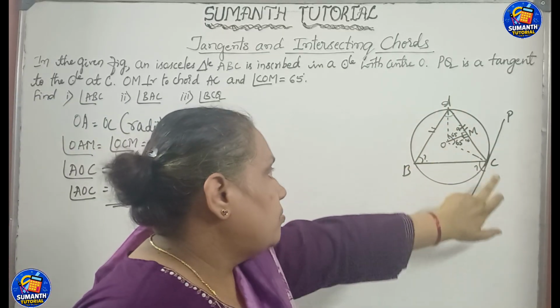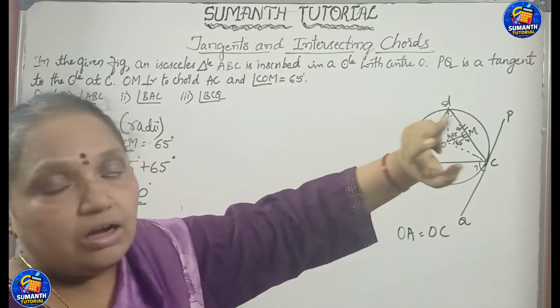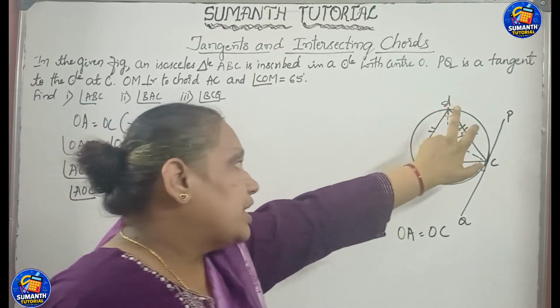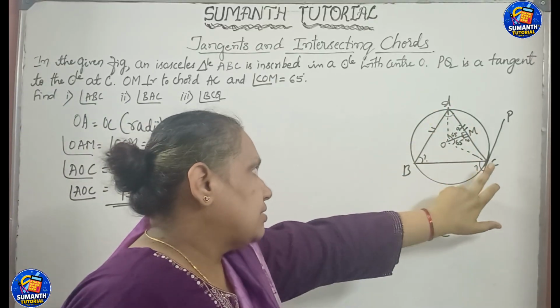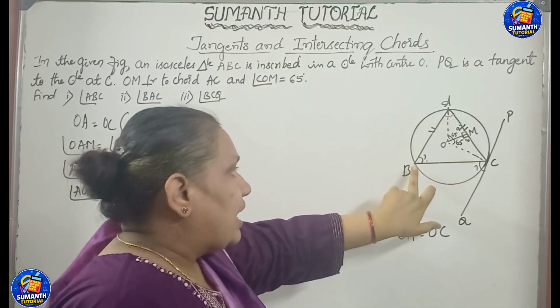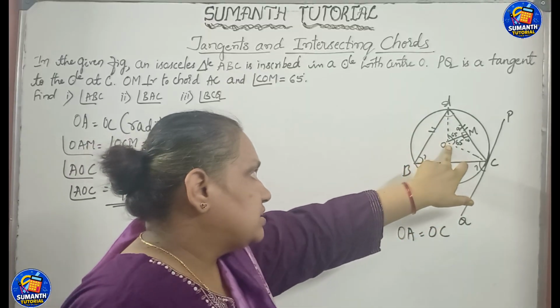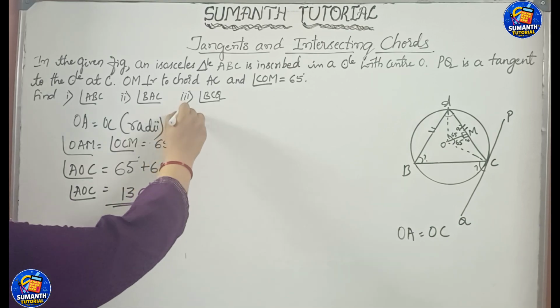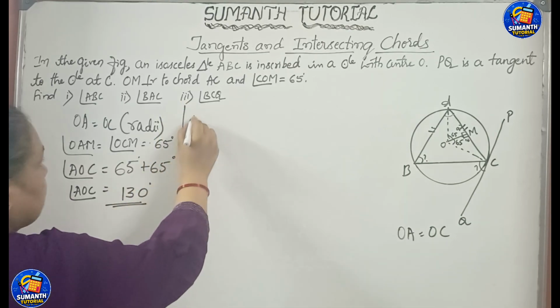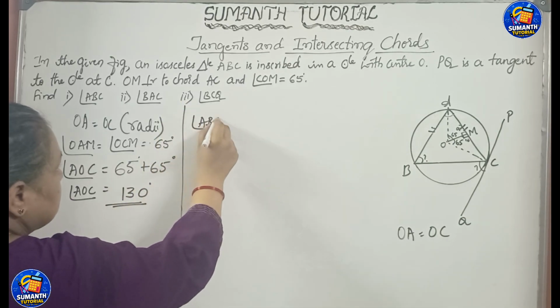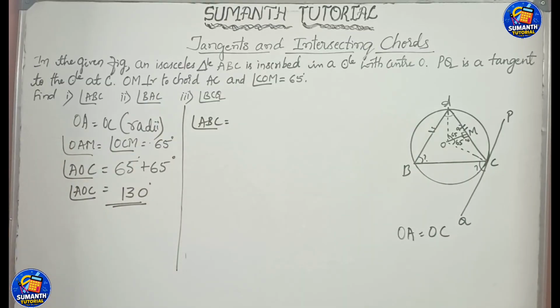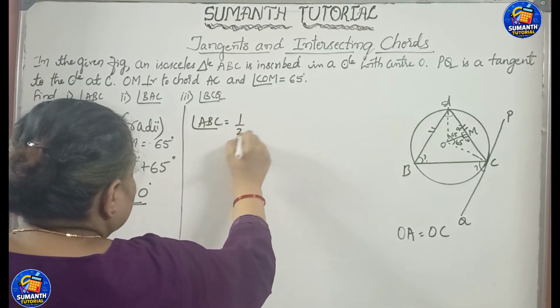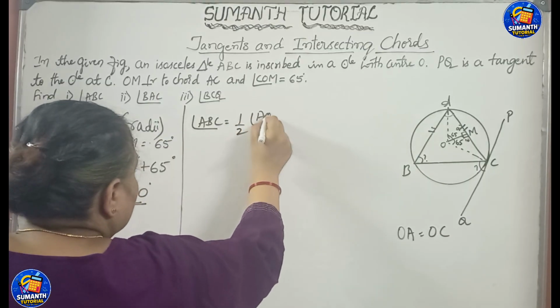Because of angle formed by the same segment. Here one is at B the circumference, one is at the center. So therefore by that we can apply as angle ABC is equal to half of angle AOC.